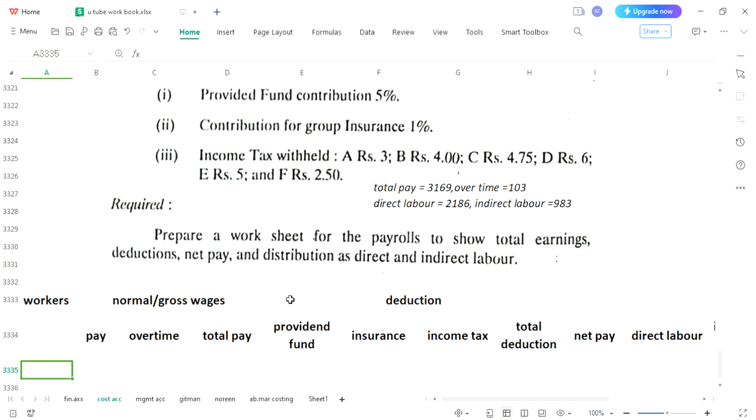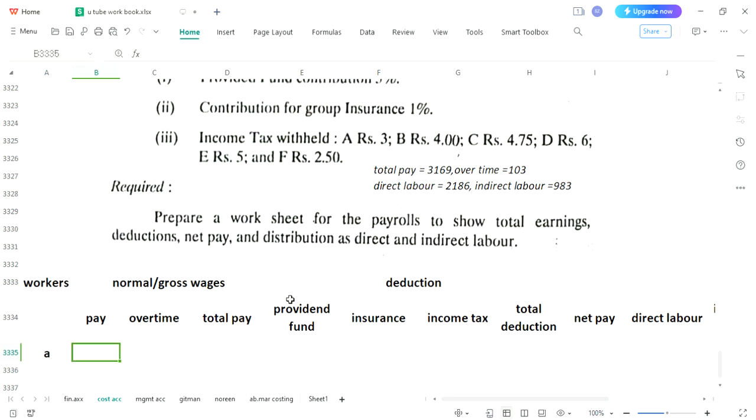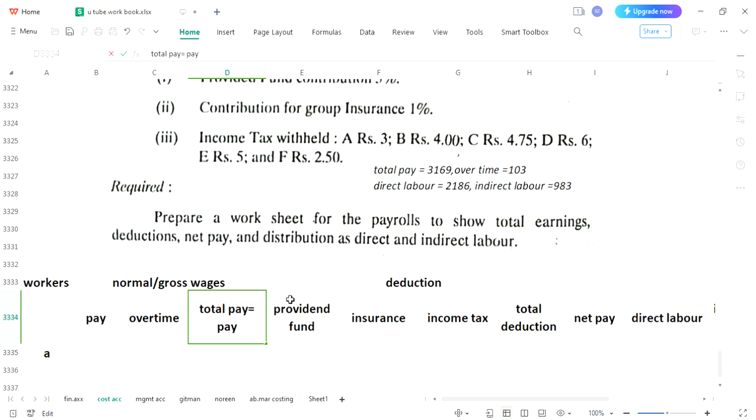Look, it's a simple thing. There are several workers like A, and we'll see how much gross pay he is taking and how much overtime he will take, and total pay would be calculated by doing what? We will add pay and overtime pay, with which we will calculate total pay.